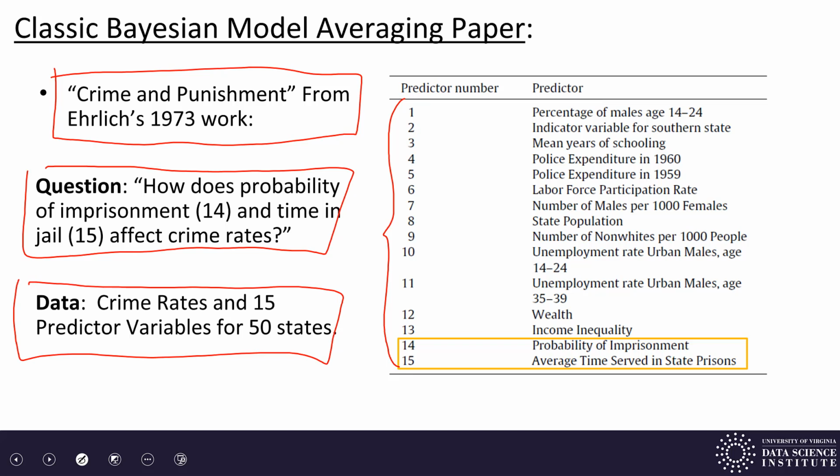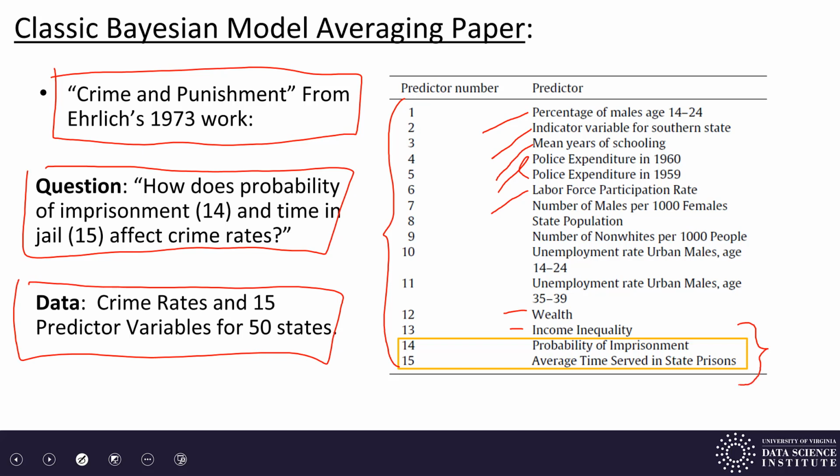You can look at each of these predictor variables: percentage of males in a certain range, indicator variable for southern states, mean years of schooling, police expenditure, labor force participation rate, sort of an unemployment rate, a bunch of other demographic variables coming down to wealth, income inequality, and down here at the bottom, probability of imprisonment and average time served.